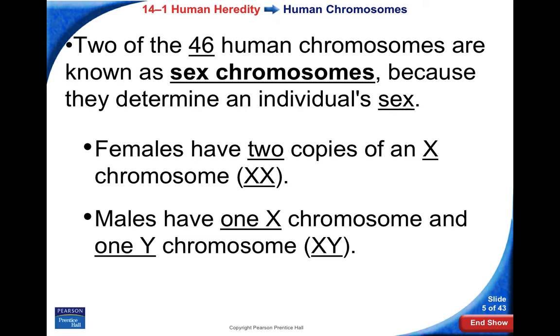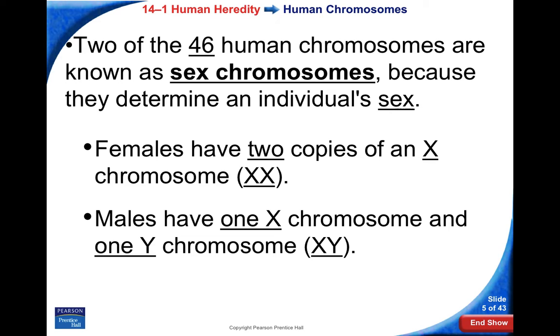So our genotype would be XY. The Y chromosome has about 100 or so genes on it that the X chromosome does not. And there's a region of the Y chromosome called the SRY, or sex determining region.